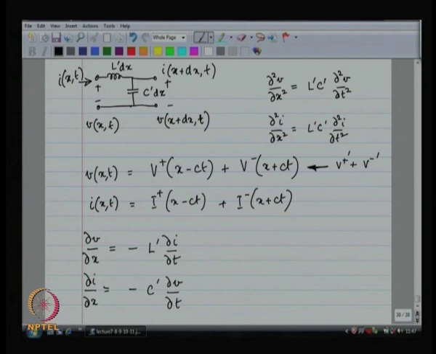What about dou I by dou t? Dou I by dou t is going to be minus C times the derivative of I plus, C times the derivative of I minus.